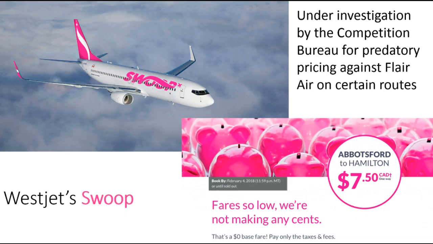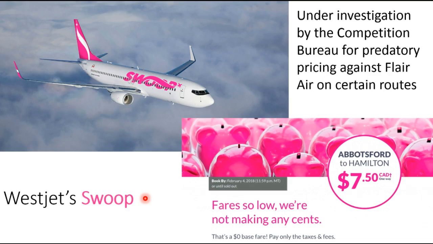So this investigation started in December of 2018, and it was focusing on a branch of WestJet Airlines called Swoop, which is supposed to be a deep discount flyer.